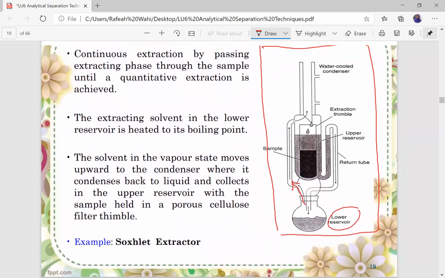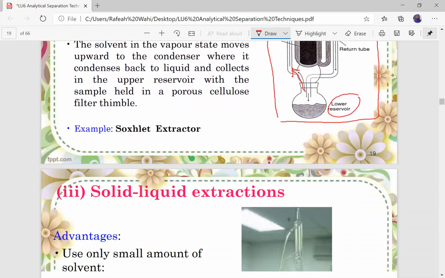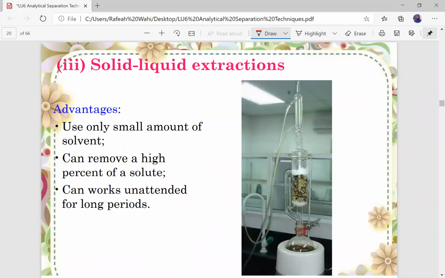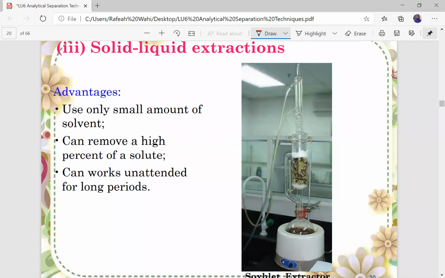So an example of solid liquid extraction apparatus is the Soxhlet extractor. If you look here is the photo of a Soxhlet extractor. This is the lower reservoir that I was talking about.